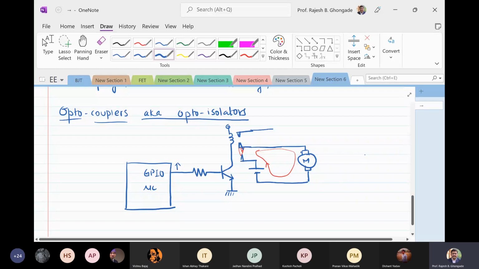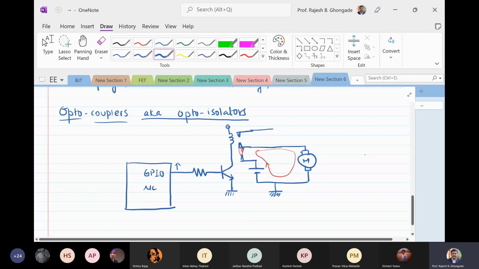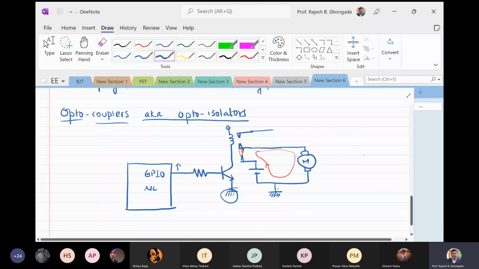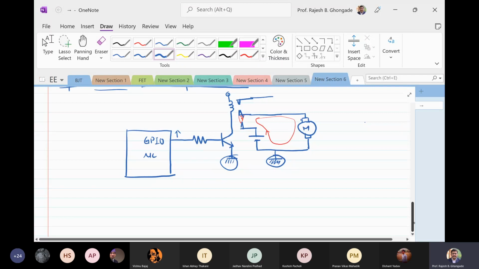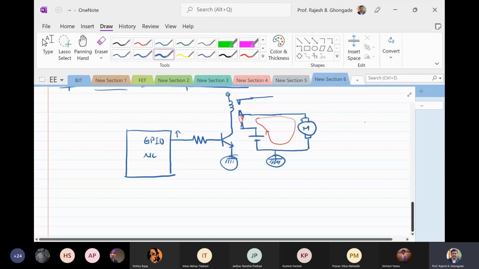Now, sometimes what people do is they have the same kind of power supply, or maybe a different power supply, but they use this itself as the ground point. So this ground and this ground are the same. We're going to discuss this more in detail when we go for grounding.